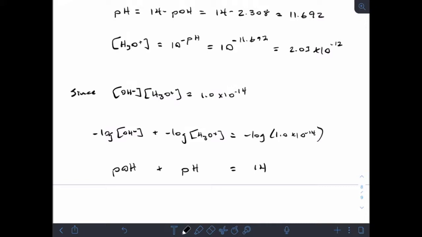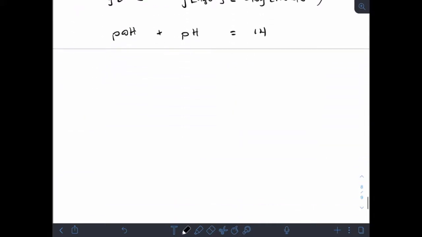Okay, so let's do a realistic problem, one that actually has some environmental implications. So here's our example problem.